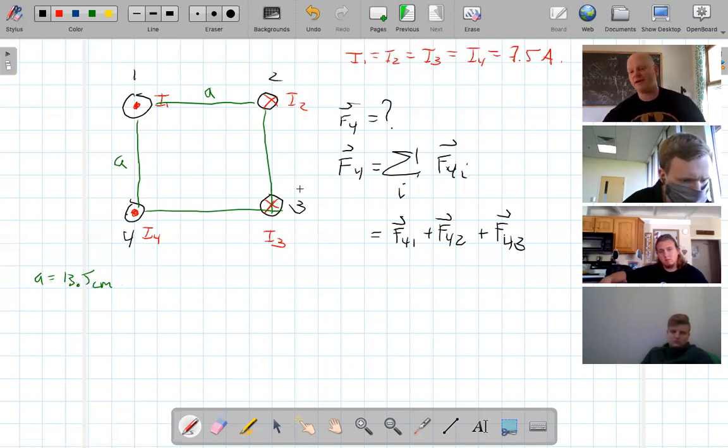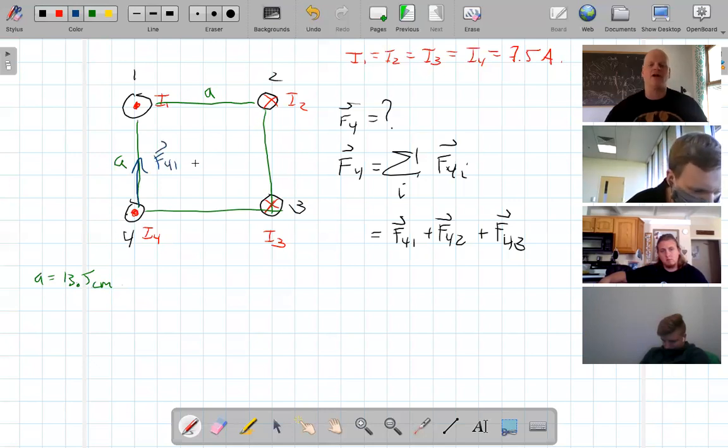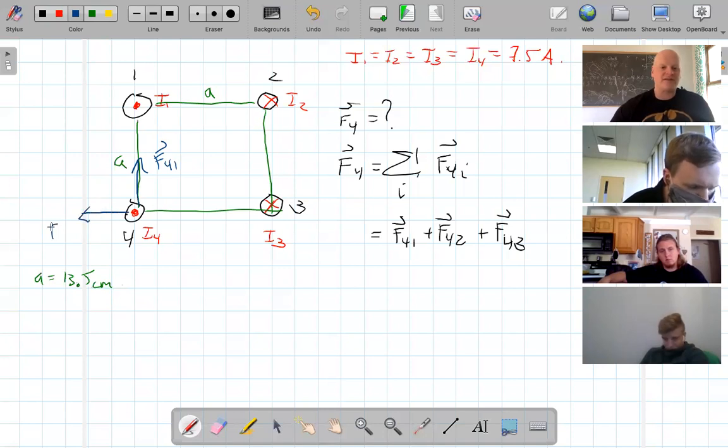So that's probably the easier way to do it. Which means that the force on wire 4 by wire number 1 is going to be an attractive force because they are in the same direction. So the force on 4 by 1 points along the y direction. These two between 4 and 3 are going to be a repulsive force because they're in opposite directions. So that means the force on 4 by 3 is then in the negative x direction. So that guy's going to point that way.